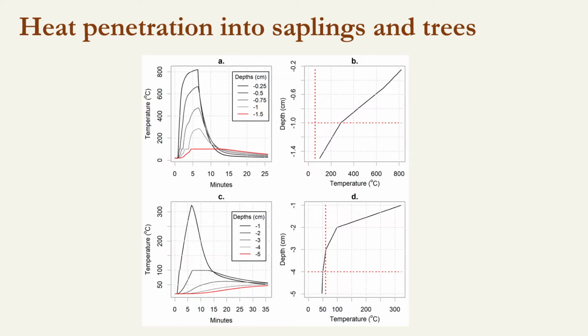As a result, if we look at graph D, we can see that the black line there passes to the left of the lethal temperature. So once we're getting below the horizontal red line, temperatures are still just within the safe range. So we're not expecting any girdling of those trees from that model run.